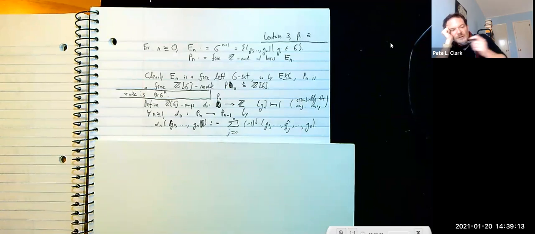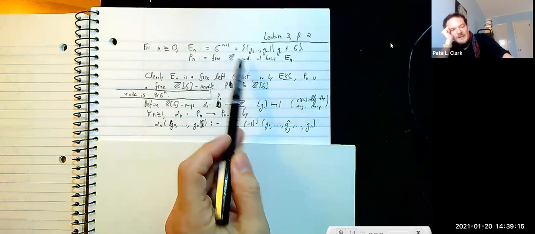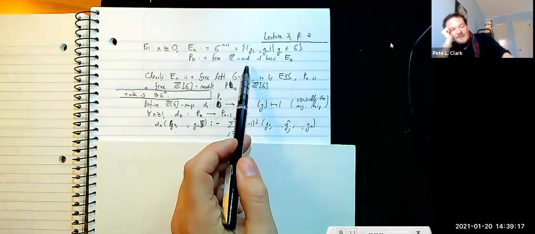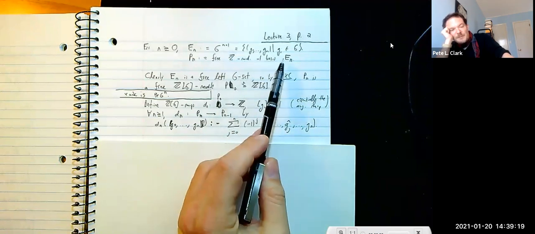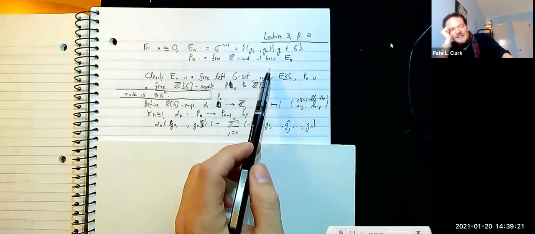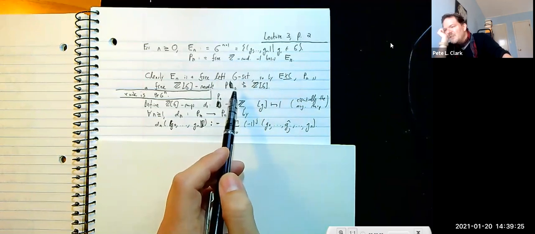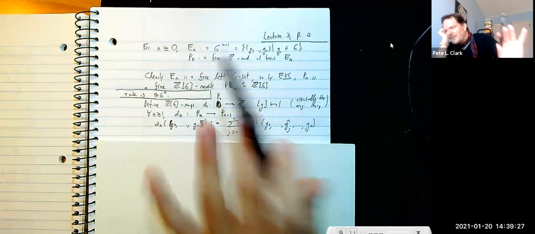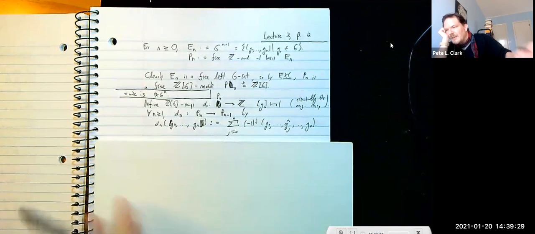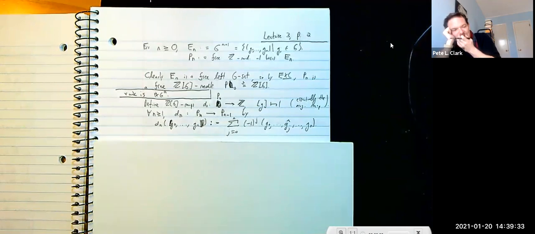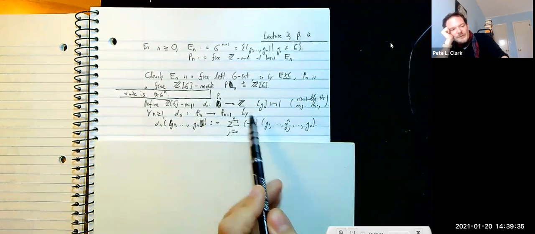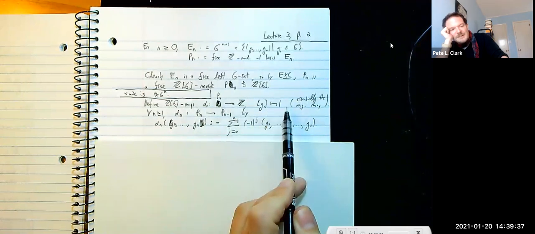So this P0, just to think about it, is a free Z module whose basis is G. You really can identify P0 with ZG on the nose, if you like, because it's a free Z module whose basis is G. That's what ZG is. And so this D0 really is just the augmentation map.